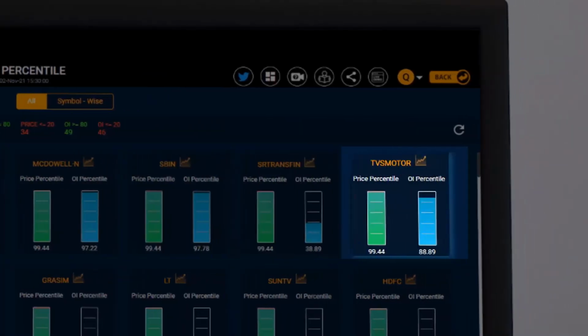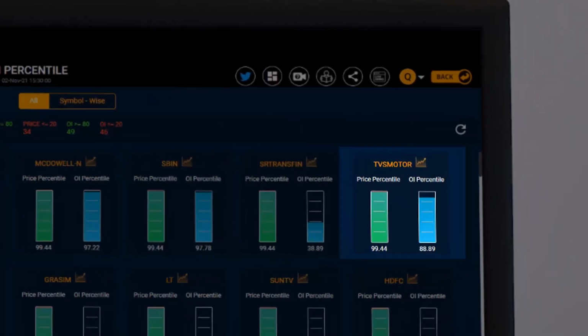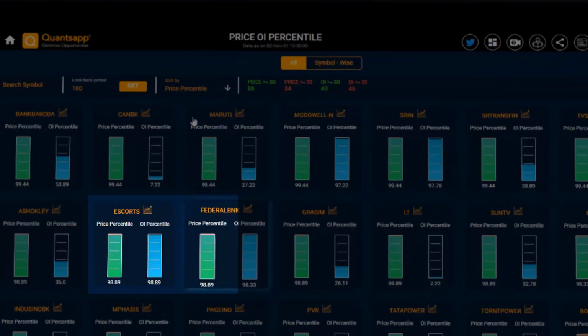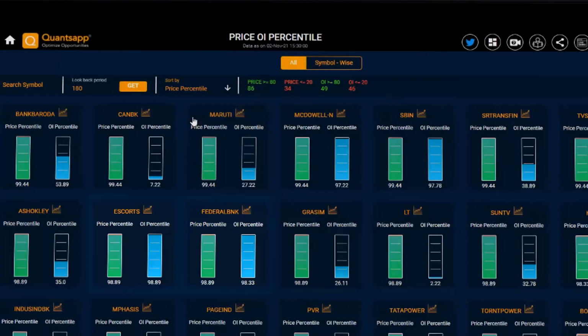Similarly, the move has been observed in TVS Motor, Escorts to an extent, and Federal Bank, where the OI and price are at the highest level. Where prices are going up, participants are participating in it as well. So basically it is the volume which is supporting the upside prices in those FNO instruments.